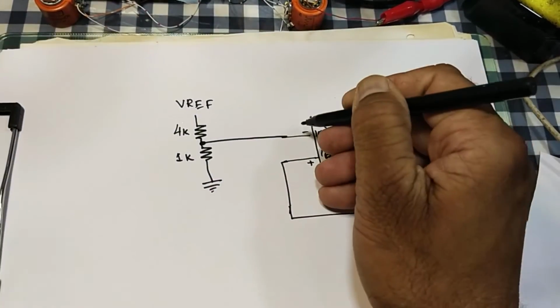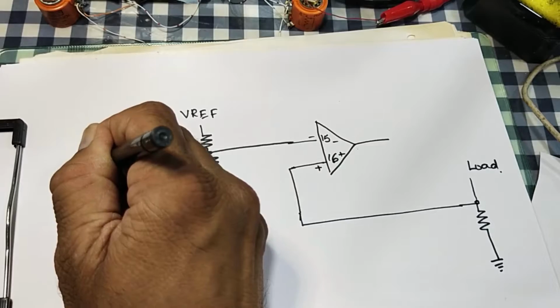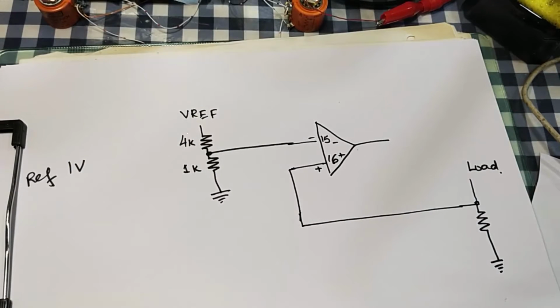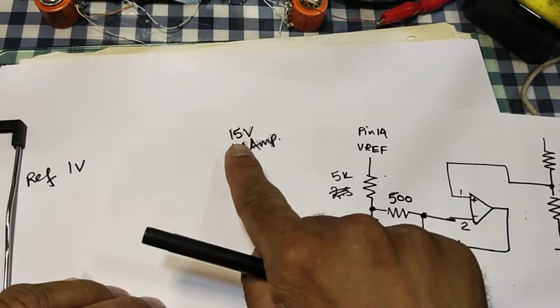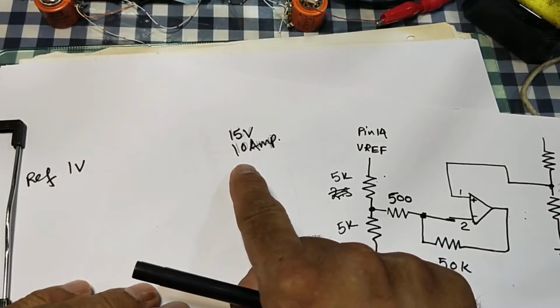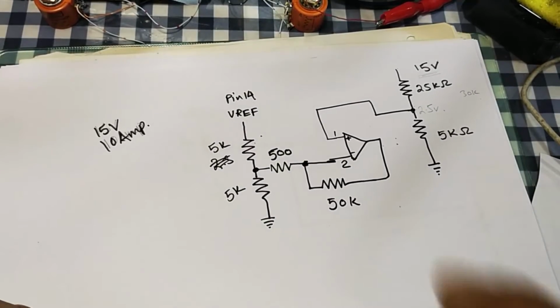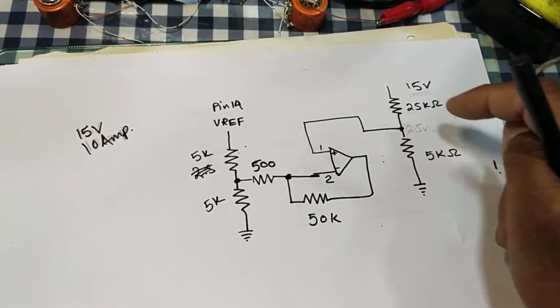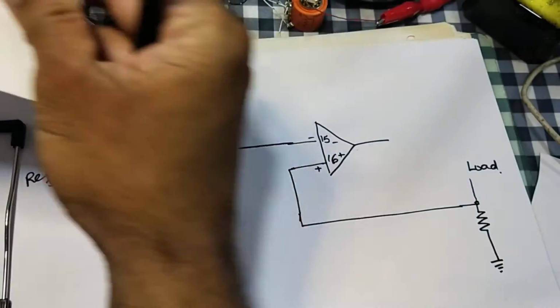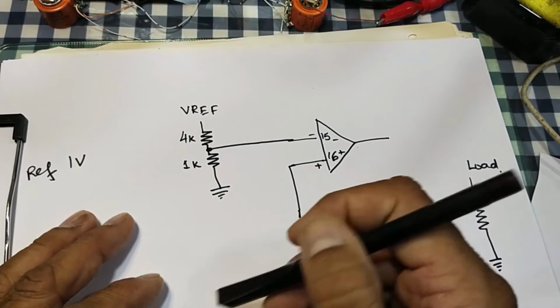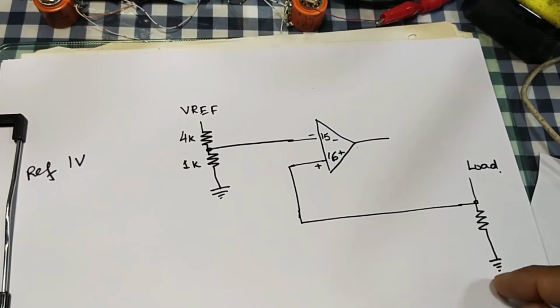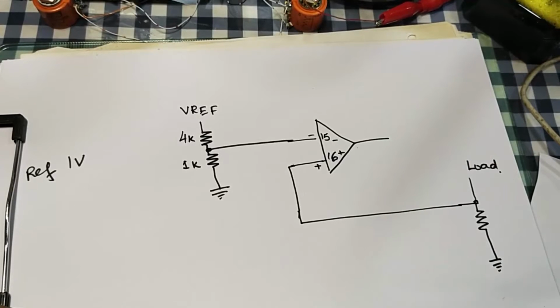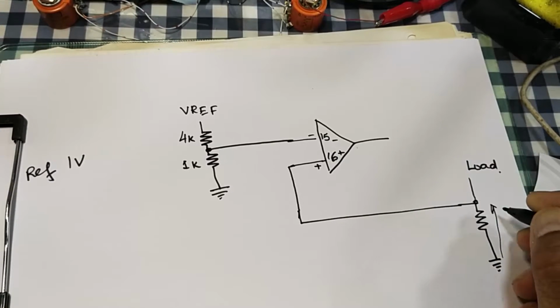Now if we apply a 1 volt reference, as I discussed, we need 15 volts, 10 ampere. For voltage mode, we calculated these two resistors, 25 and 5 kilo ohm. For current mode, we need a resistor in the ground path, so all the load current will flow through this resistor.